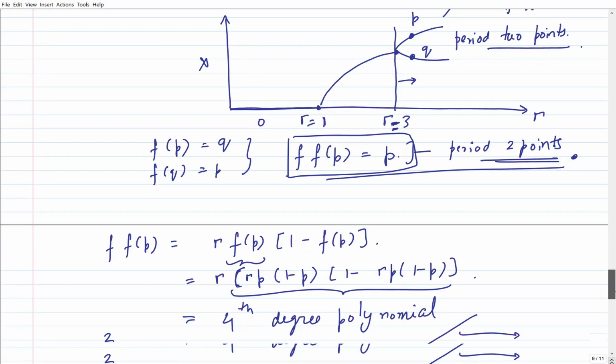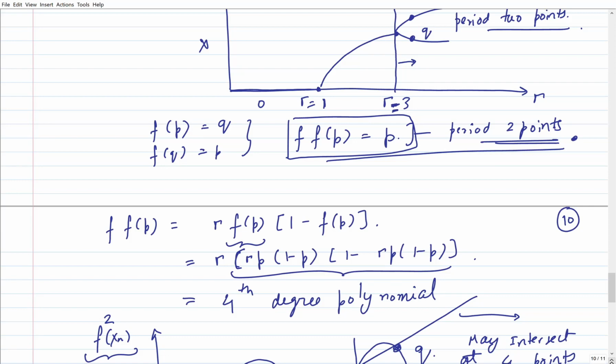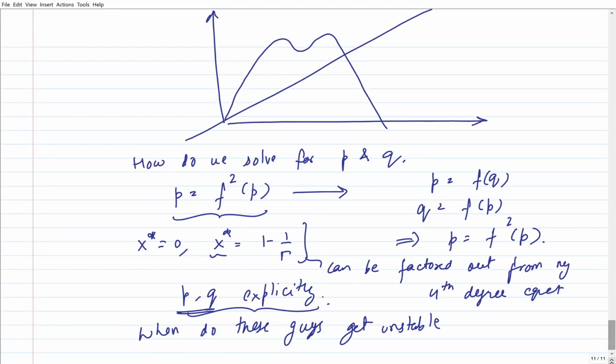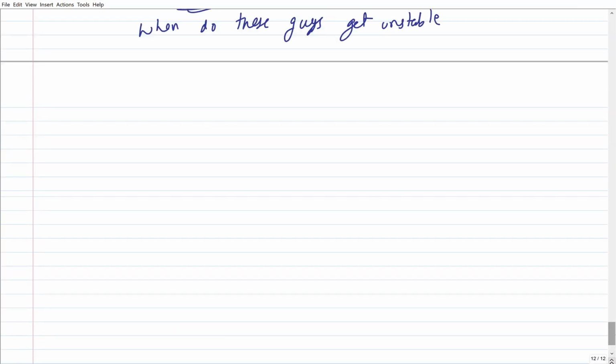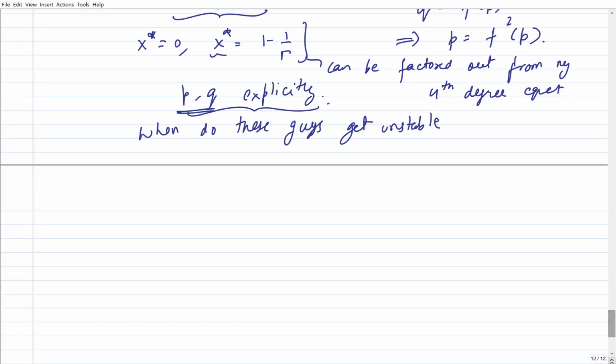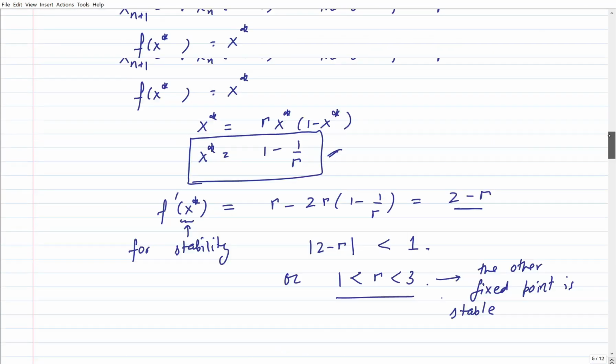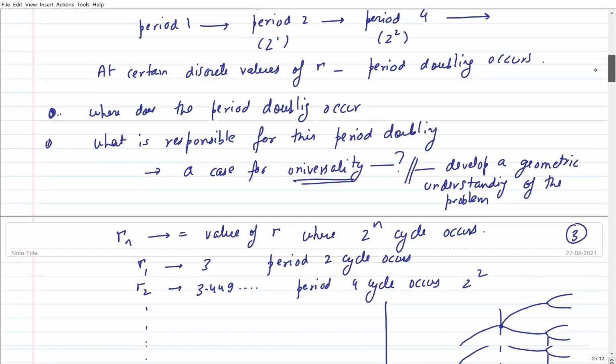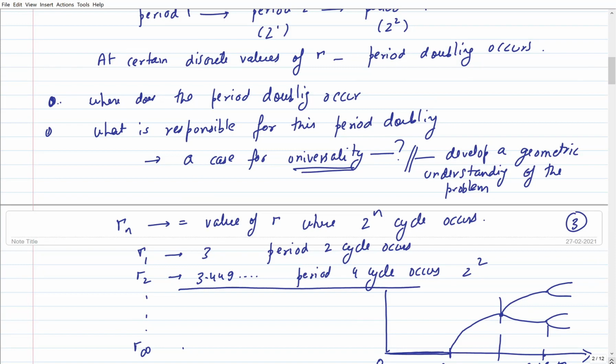I just note down the page numbers. And the answer to that question is it happens when R2, as we have discussed, is 1 root 6, which was something like 3.449 dot dot dot. And remember 3.449, that was when the period 4 cycle occurs.